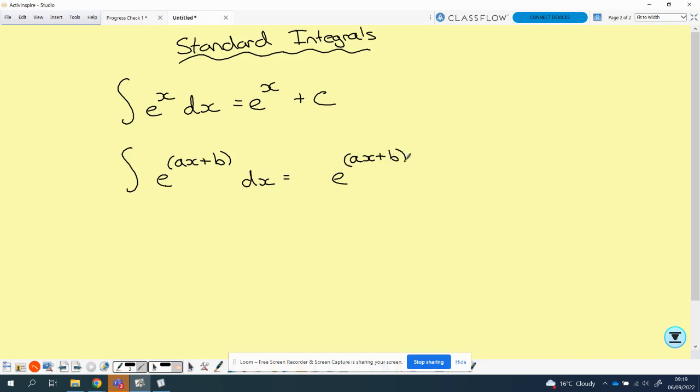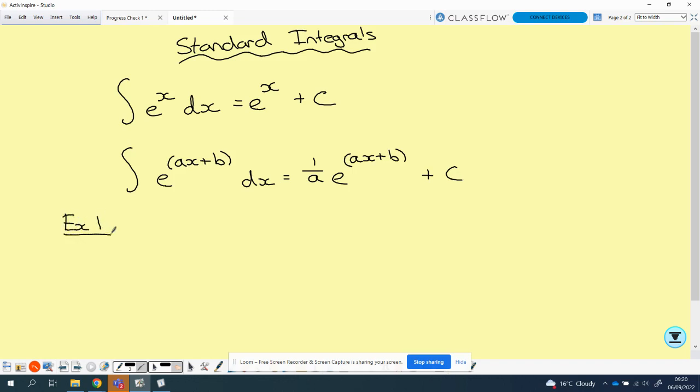The power would differentiate just to give me a, but because it's integration, we divide by that differential, so it becomes 1 over a e to the ax plus b, and we've got our constant plus c. Okay, and that is at the very bottom of your table for your integrals. That's the second one there. Okay, we'll look at an example to show you how this will work in practice.